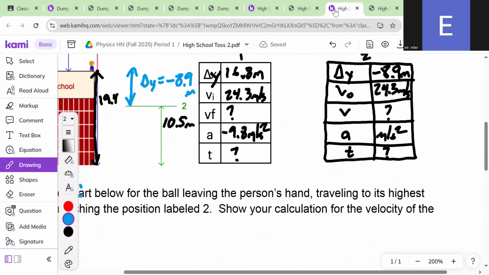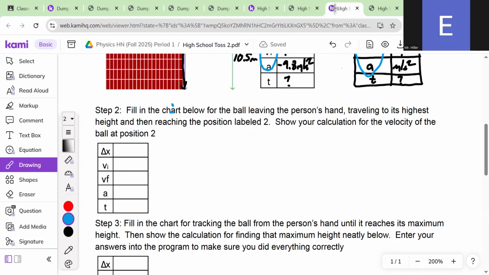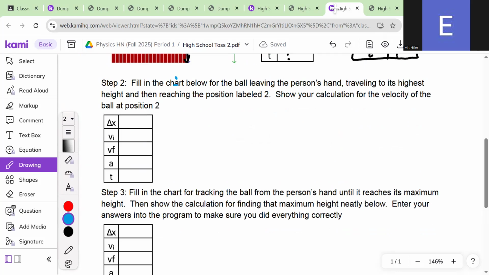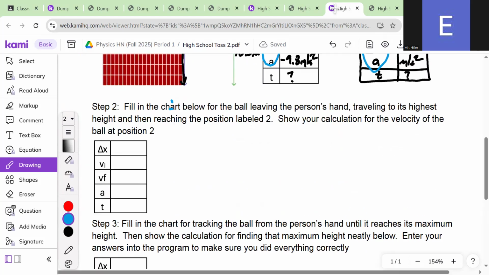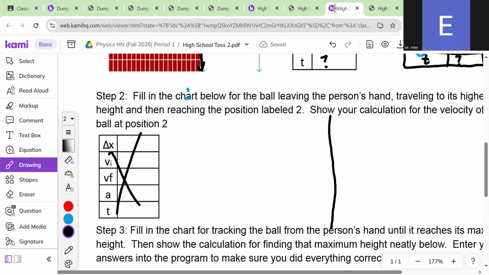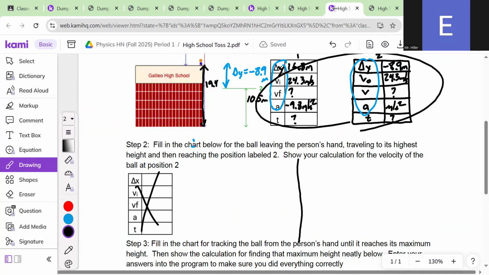Now, check this out. In order to solve for the speed at those locations, use this group of variables that does not involve time. And in doing so, we'll split this box up into two. I know there's another box right here, but that's fine. We've already filled it out twice.